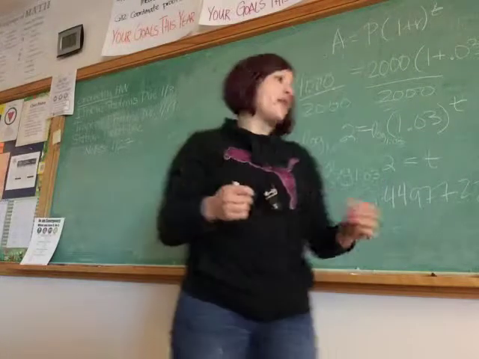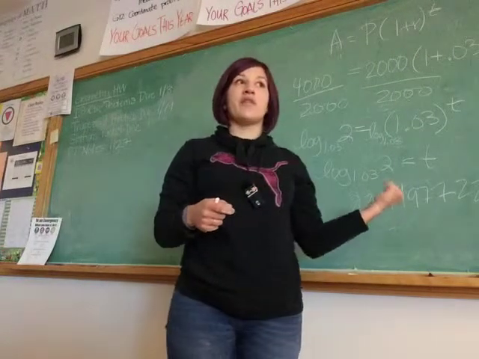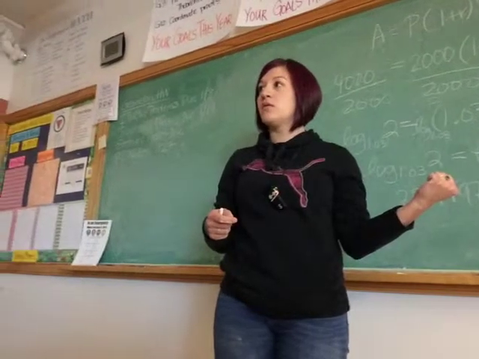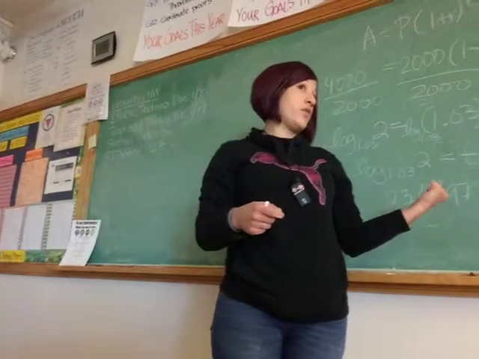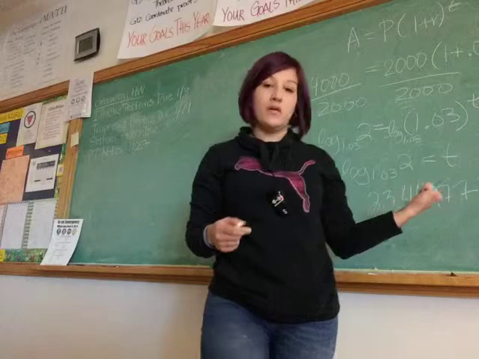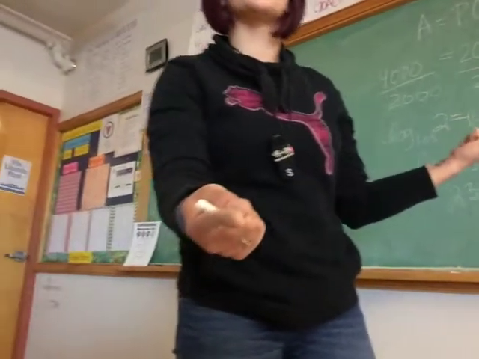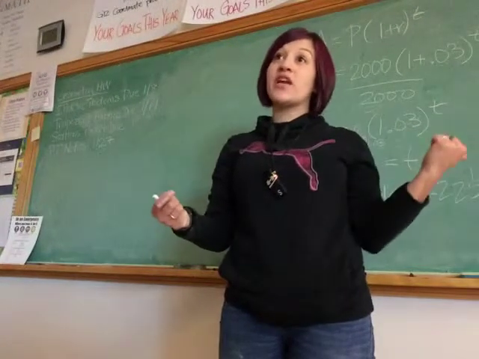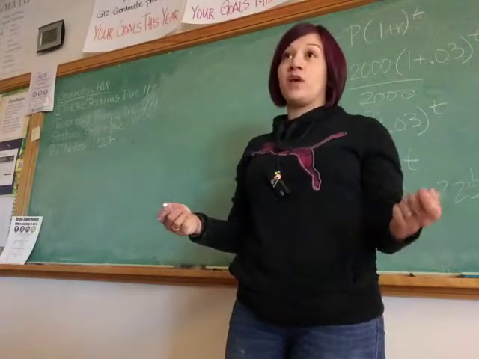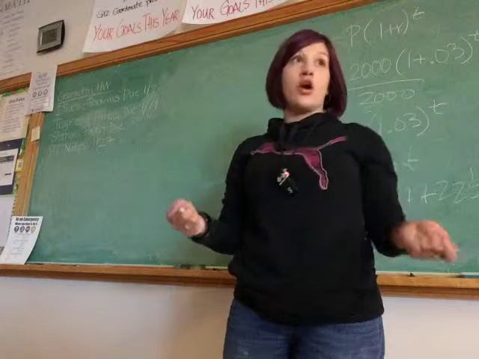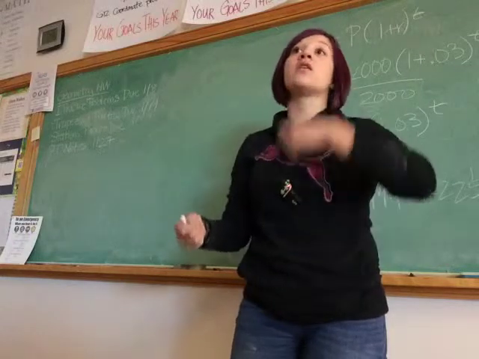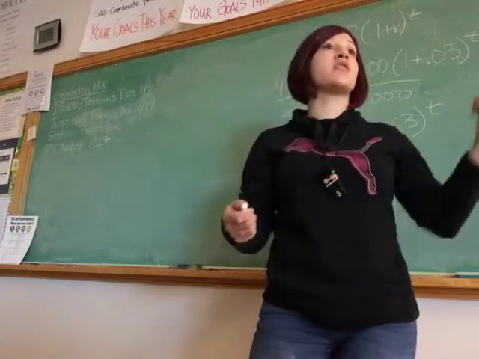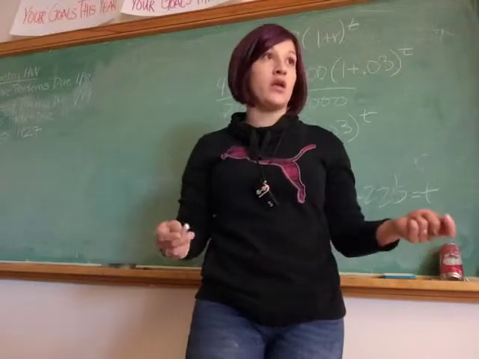Well, is there such thing as increasing my amount halfway through the year? Yes, for an annual interest rate, but not for this problem. This is only done annually. So at 23 years, will Jenny have double? No. So I have to wait until year 24 to know that Jenny has doubled her money, right?